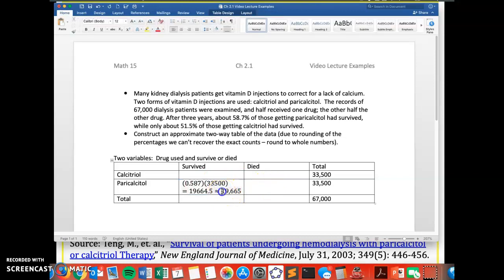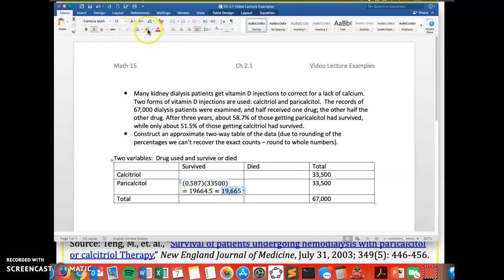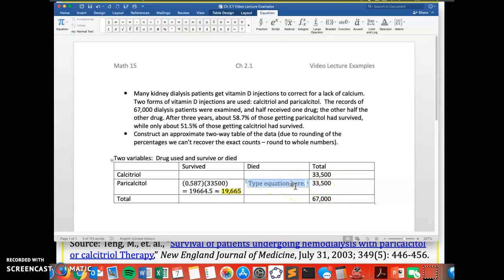So here we got the value, and all you really need to add in the square is the total number. So that's all I need, just showing the work right here. And if we know about 19,665 survived, and the total is 33,500, all I need to do for this next cell is take 33,500 and subtract the amount that survived, 19,665.